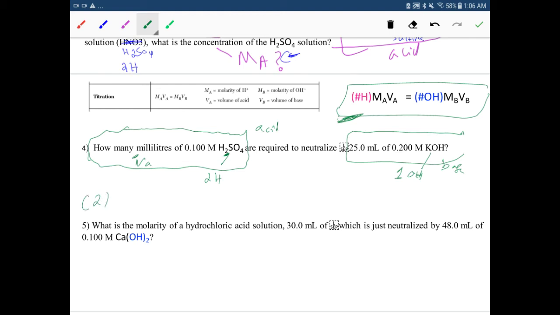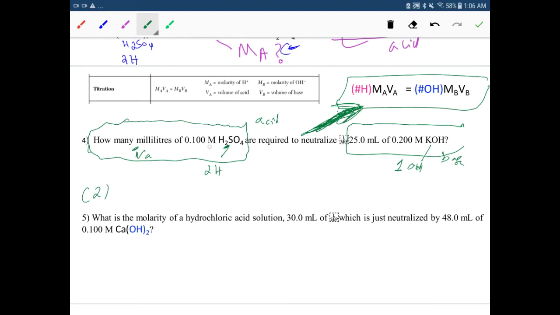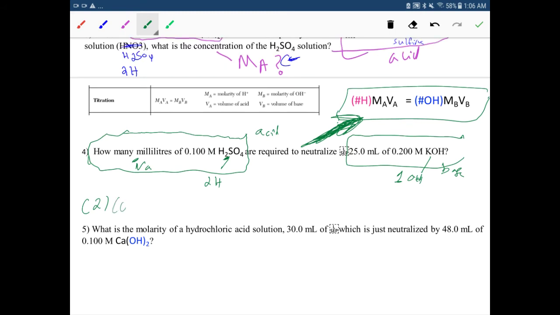Then MA, from the acid information, is 0.1 molar. And then VA, from the acid information, is what the question is asking for, so I'm going to keep it as VA.